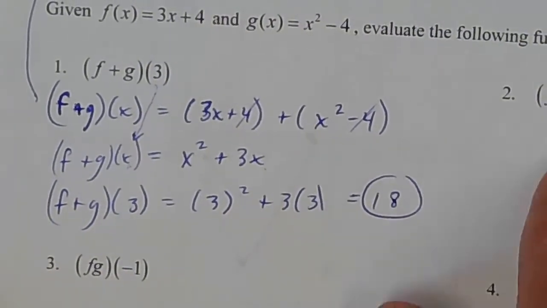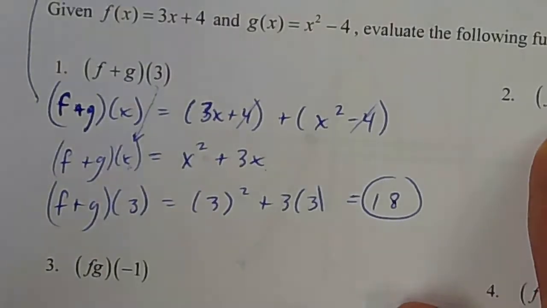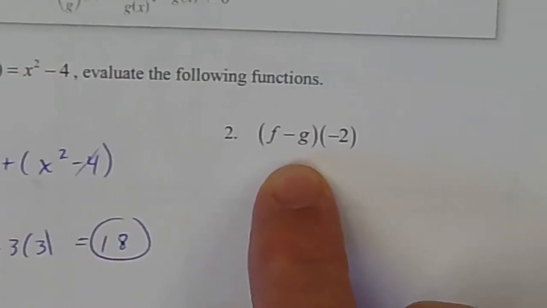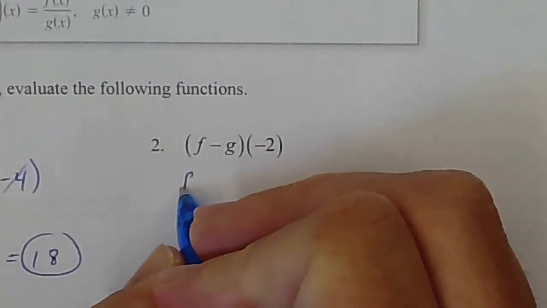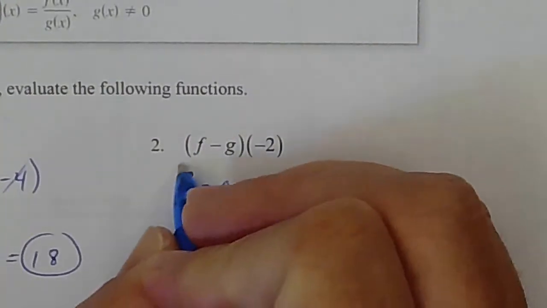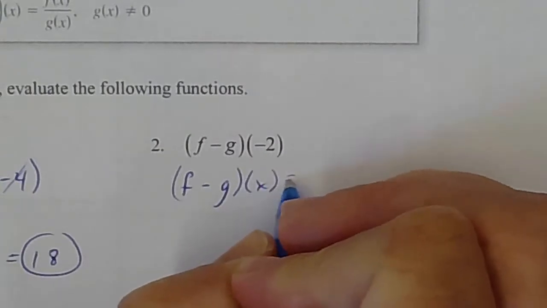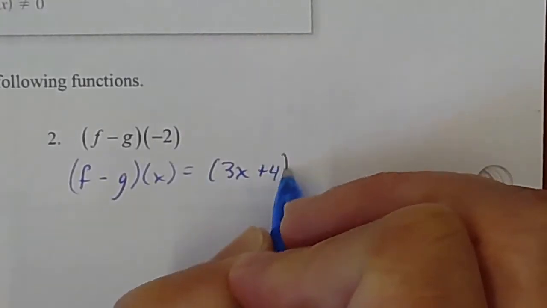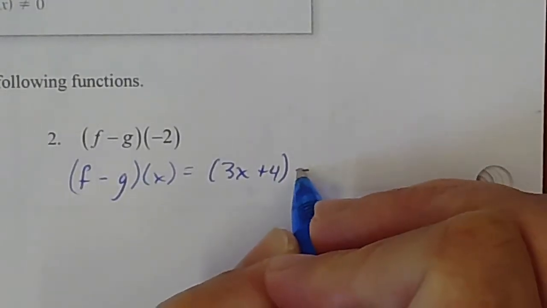Okay, so for 2, they give us a difference function. They put an input value, but we're better off sticking with finding f minus g of x first. So I recommend using parentheses too whenever you get this set up, especially with the difference one.